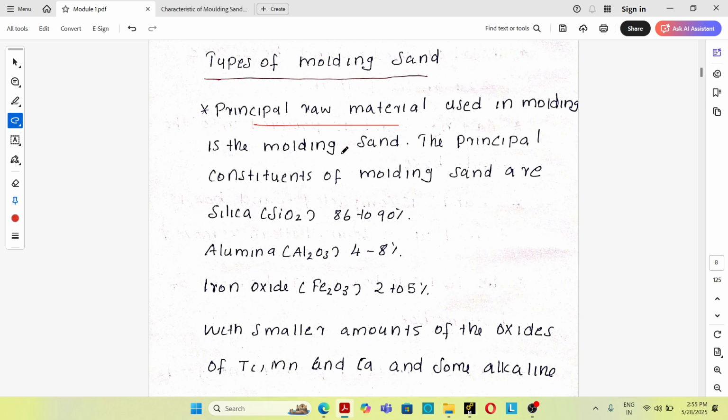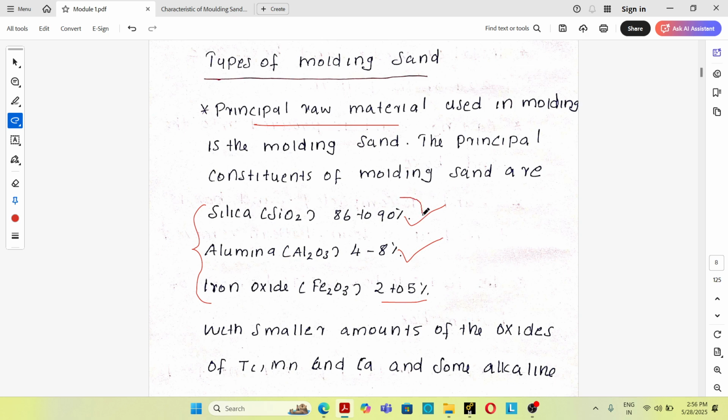The principal constituents of the molding sand are three elements. First one is silica, 86 to 90%, alumina, Al2O3, 4 to 8%, and iron oxide, Fe2O3, 2 to 5%.